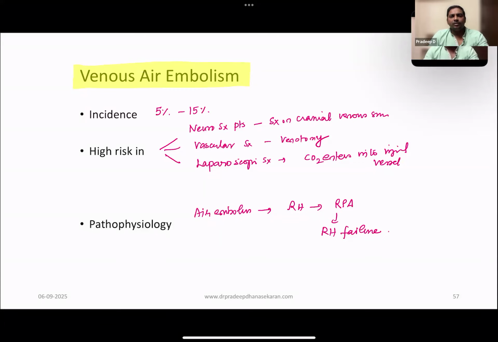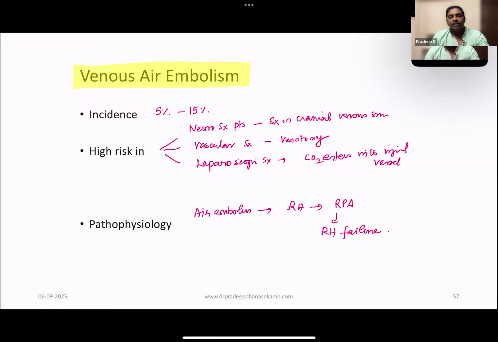In laparoscopic surgery, while CO2 pneumoperitoneum is there, if you injure a vessel, the air can enter through the vessel. And also in endoscopic thyroid surgeries or endoscopic neck surgeries, you might allow CO2 to enter, causing air embolism. Even 5 ml is sufficient; it can enter the right atrium, right ventricle, finally enter the pulmonary artery and get stuck there.